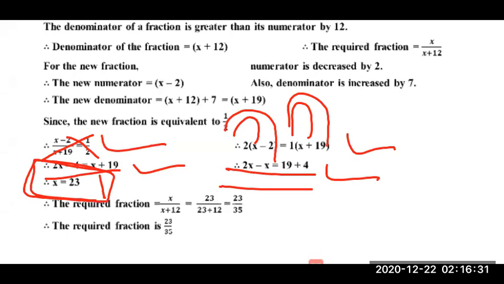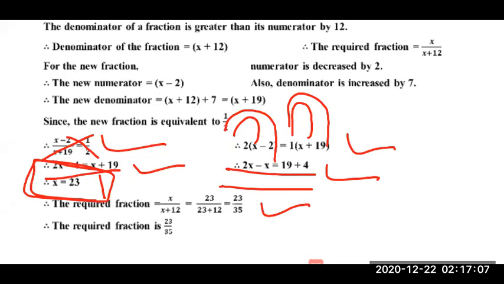Now what was the first step? That was the required fraction was x upon x plus 12. So that only we have to put the required fraction equal to x upon x plus 12 equal to the value of x we got 23 upon the value of x plus 12, that means 23 plus 12 equal to 35.